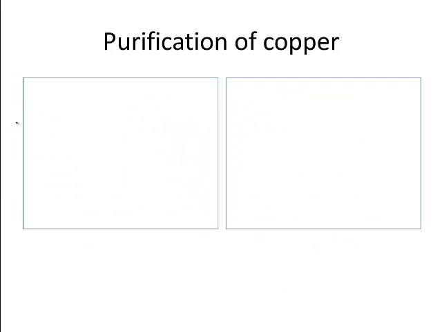Purification of copper. So if we have a tank here, we're going to have 2 electrodes in there. This is our anode, this is our cathode.